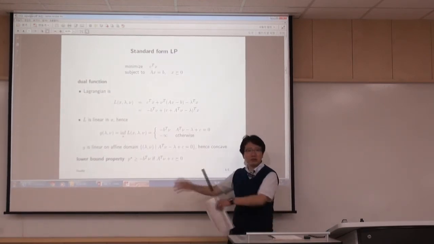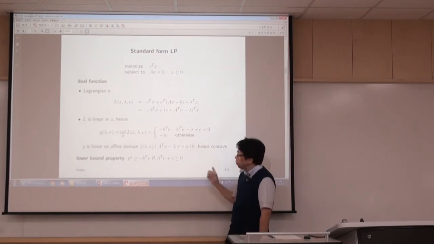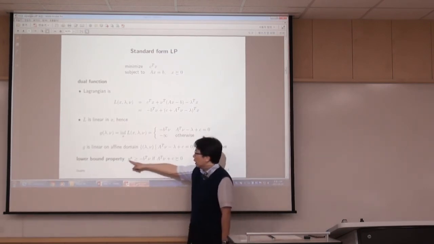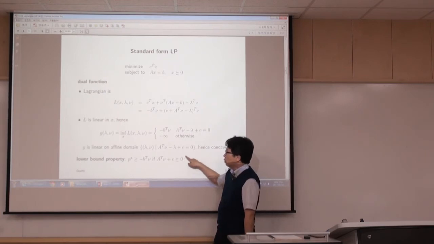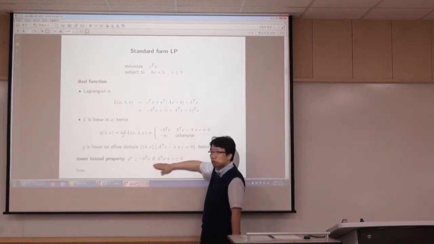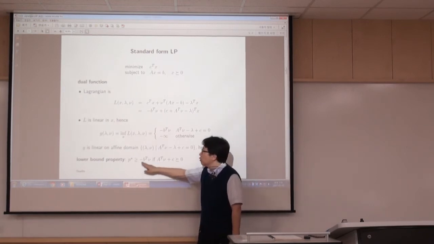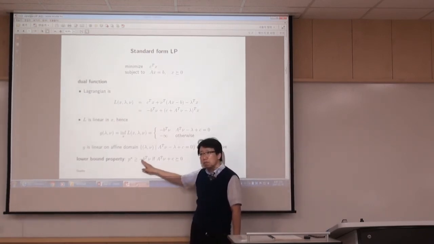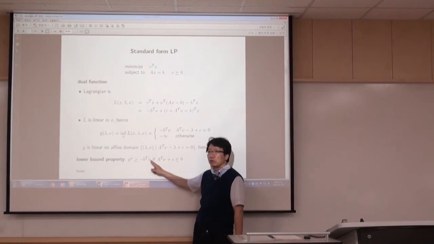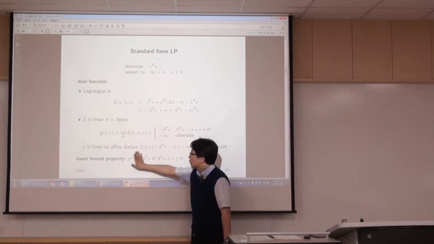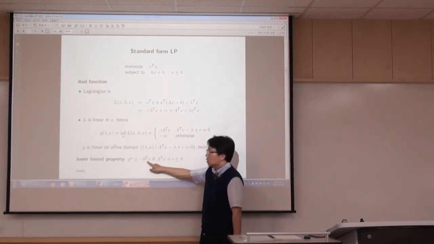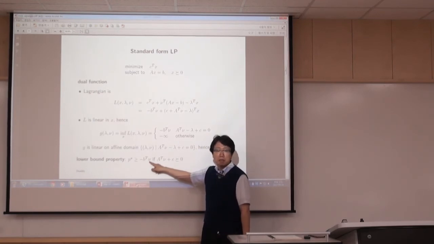Actually, the reason why I put that problem is for this one. So, what do you have? You have a new lower bound under this condition. But what if you want to have a tighter lower bound? You want to maximize this objective function value, or you want to minimize without this sign. Then what is this as a problem of lambda?